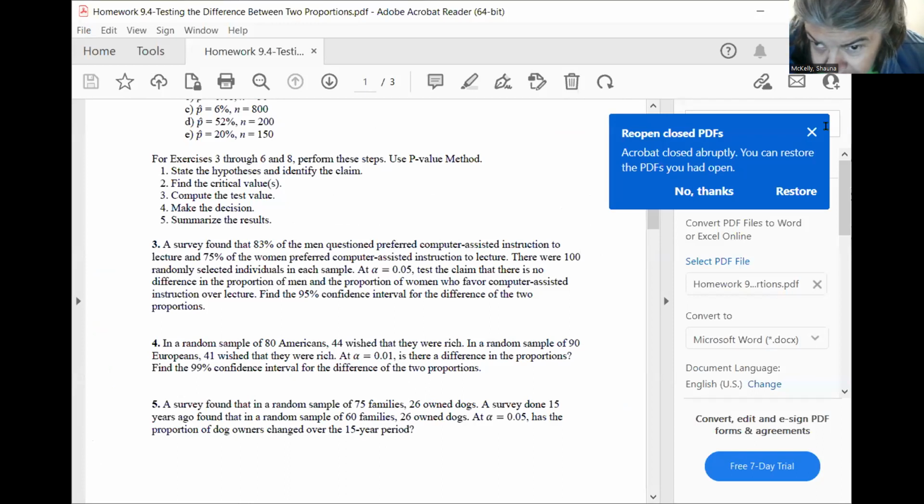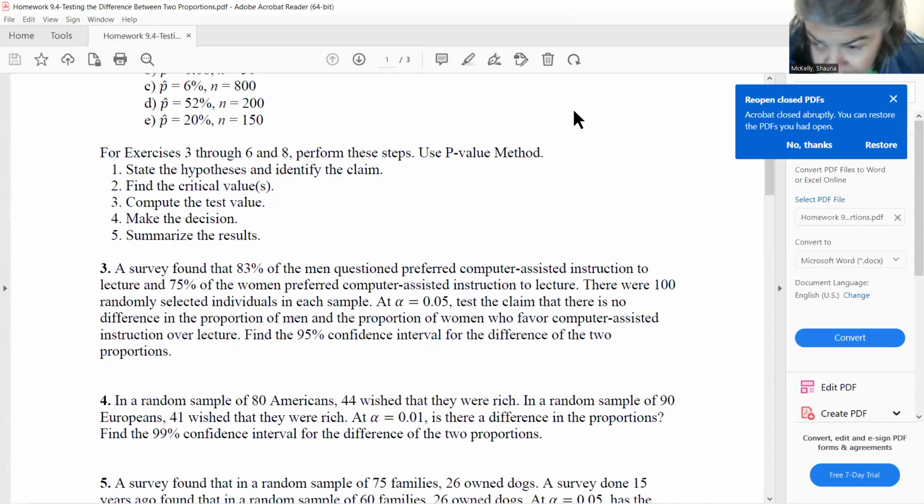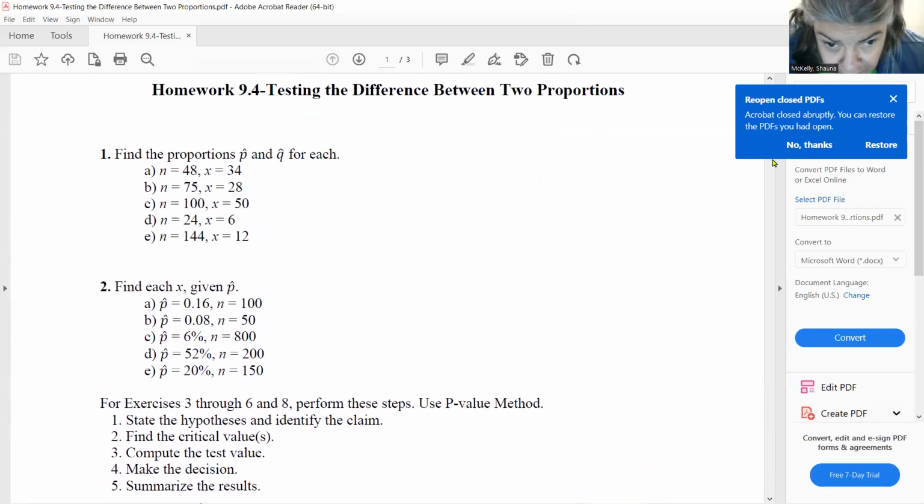The first part of the homework is just some basic arithmetic, just so you can remember how to find p hat and q hat, because we need that for the formulas themselves. You need to know that in order to perform the rest of the hypothesis test. So number one, find the proportions p hat and q hat for each.